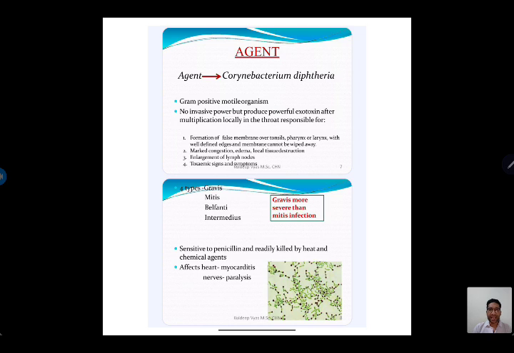Marked congestion, edema, local tissue destruction, enlarged lymph nodes, toxemic signs and symptoms. The four types are gravis, mitis, belfanti and intermedius. Gravis is more severe than mitis infection. It is sensitive to penicillin and easily killed by heat and chemical agents. It affects the heart, causing myocarditis, and nerves, causing paralysis.